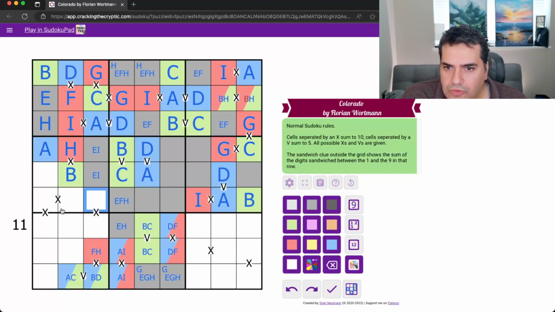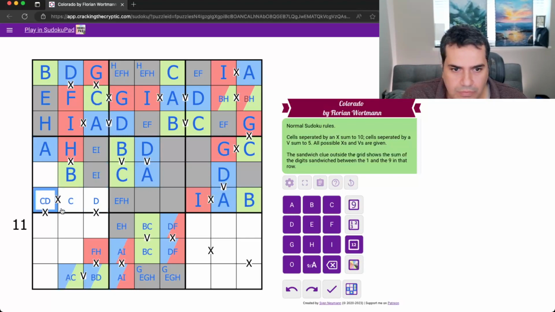So D is on either here or here. And C, helpfully, is either here or here. So C pairs up with a G. So nothing wrong with it being here.